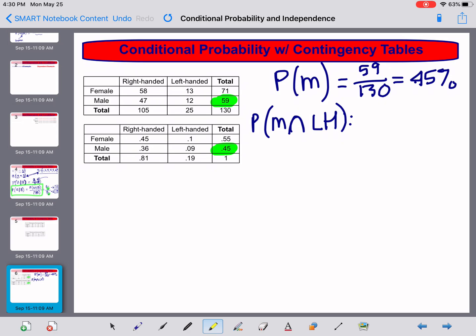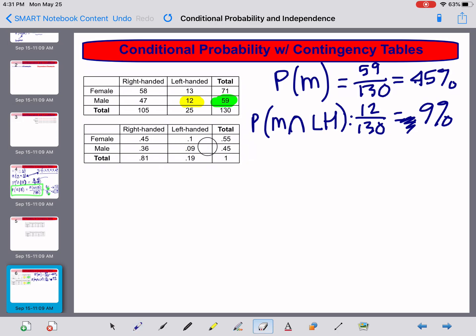So I go to my male and I look at left hand and I realize that I'm here. So I can think about this both ways. I either have 12 over my overall 130, or since I already wrote it down, I can say that's 0.09 or simply just 9%.